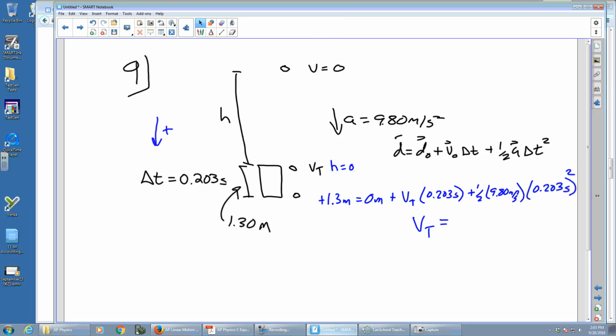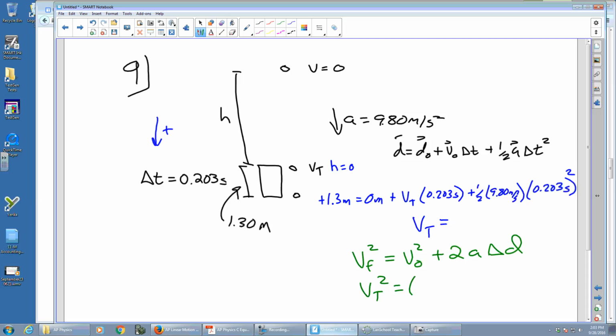And then if I know that, I'm actually going to use V final squared equals V naught squared plus 2A delta D. My V final will be my V top.